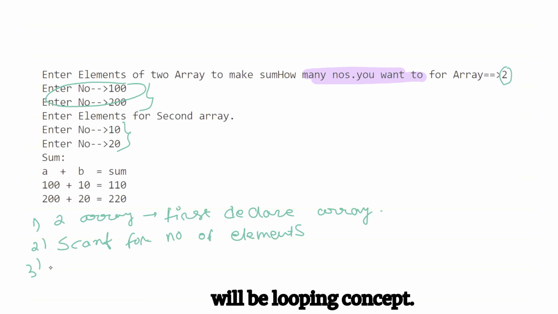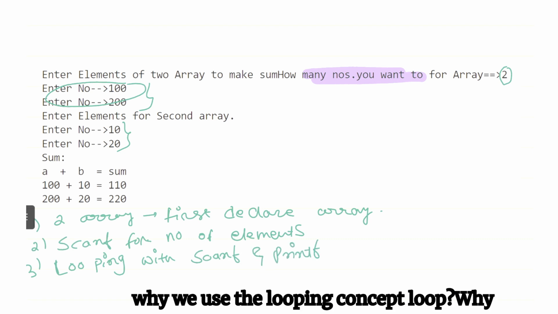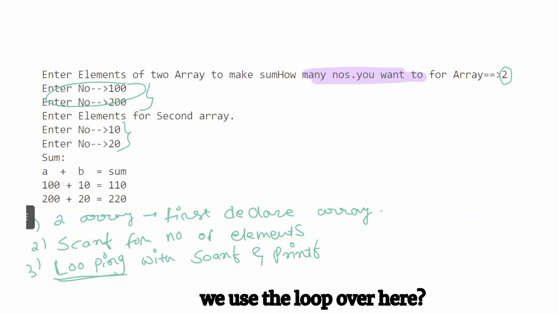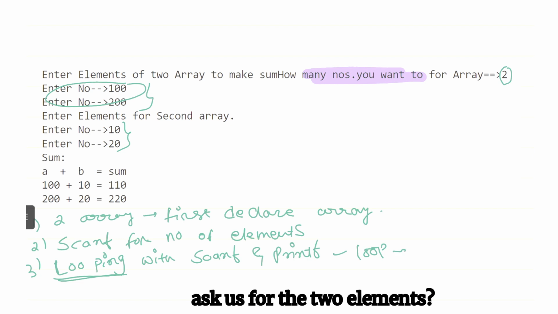So the third step will be the looping concept with scanf and printf. Why do we use the loop over here? Because it asks us for the two elements.